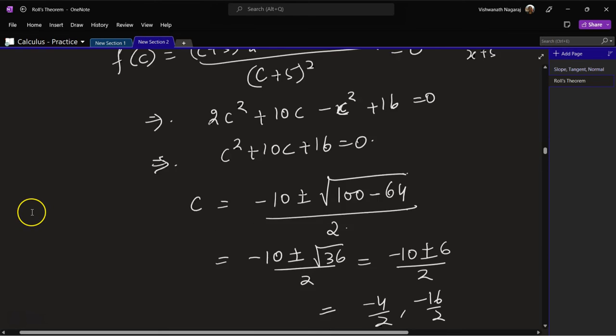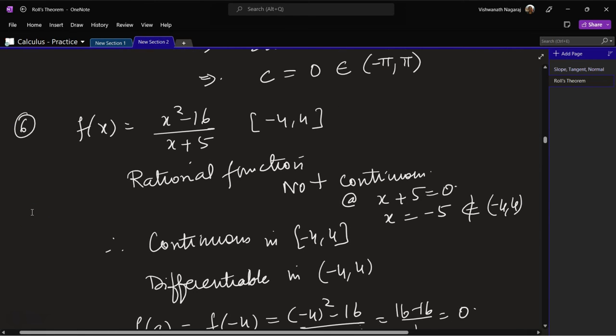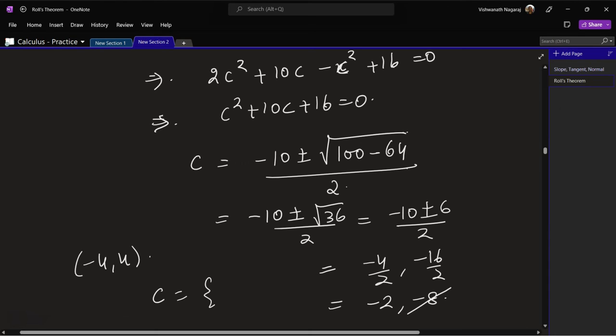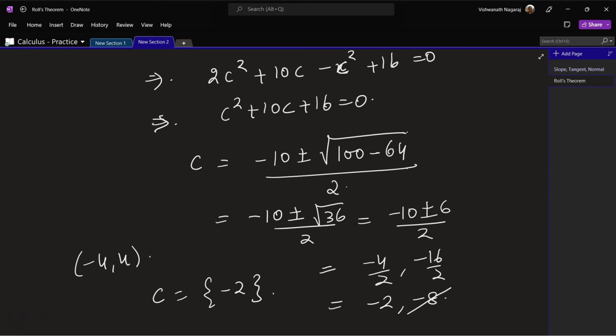But remember, we are looking at what interval? The open interval minus 4 comma 4. So here minus 8 is not in this interval. So our point of interest is minus 2. That is the value of x for which the tangent will be horizontal.